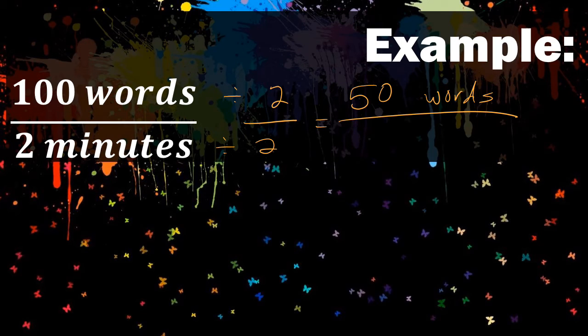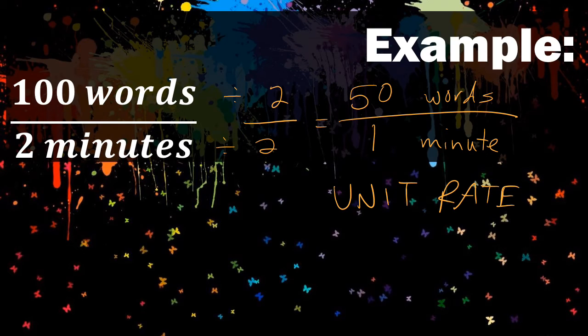And 2 divided by 2 is 1, and we're going to write our unit as minute. So when we simplify our rate to what we now call a unit rate, we could say that this person reads 50 words in 1 minute.